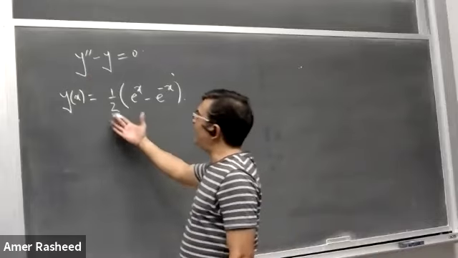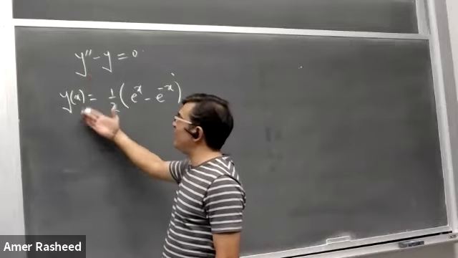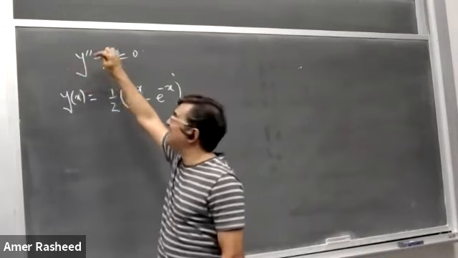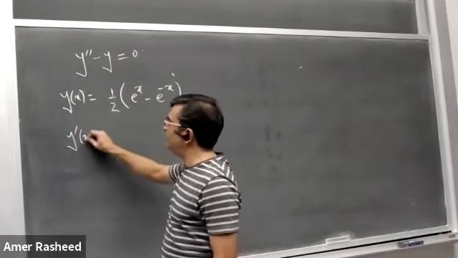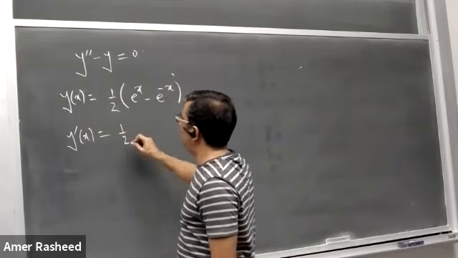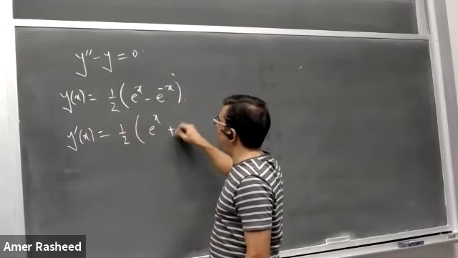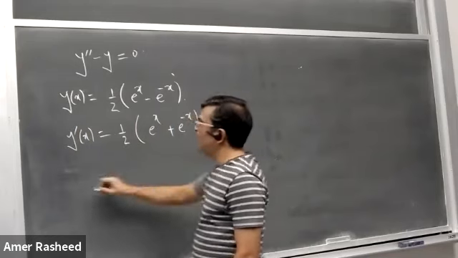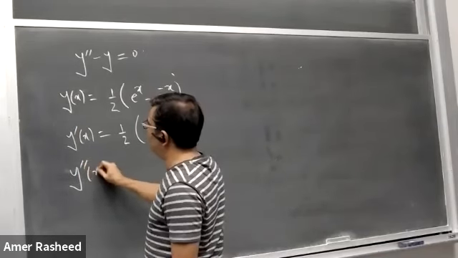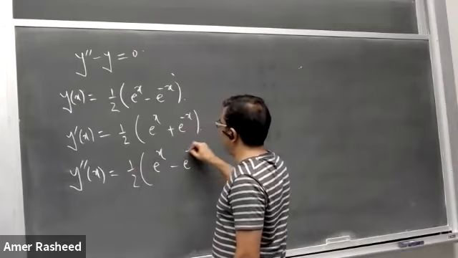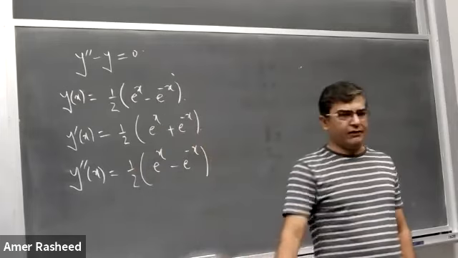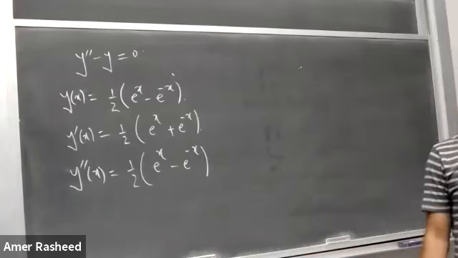In order to insert this function into this equation, we need the second derivative of this function, so we need to take the derivative. The first derivative is 1 by 2 (e raised to x plus e raised to minus x). And the second derivative is 1 by 2 (e raised to x minus e raised to minus x). So this is the second derivative. I hope you can take the derivatives.